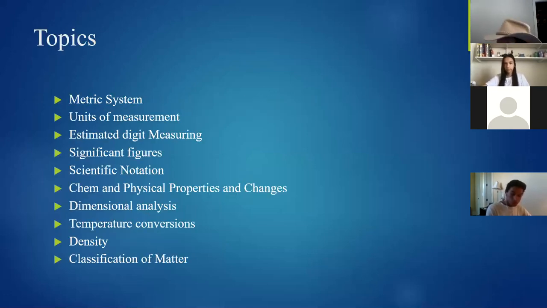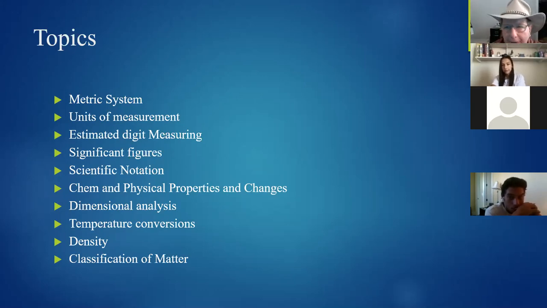Okay, this is basically what we're going to cover in chapter 1: the metric system, units of measuring, estimated digits, measuring, sig figs, scientific notation, chemical and physical properties and changes, dimensional analysis, temperature conversions, density, and the classification of matter. Now, do these topics make sense to you?